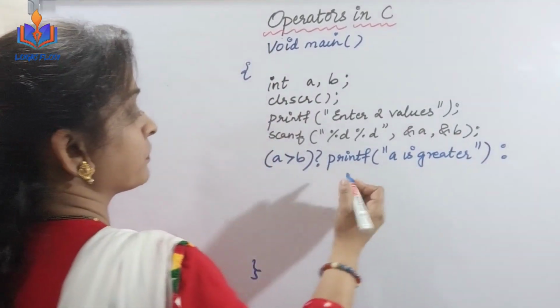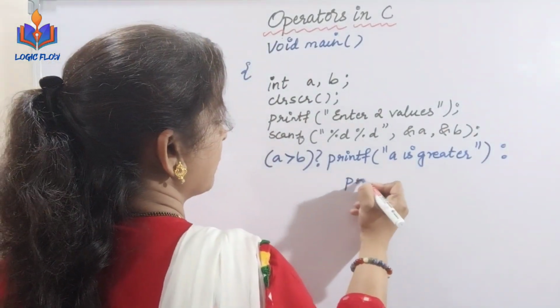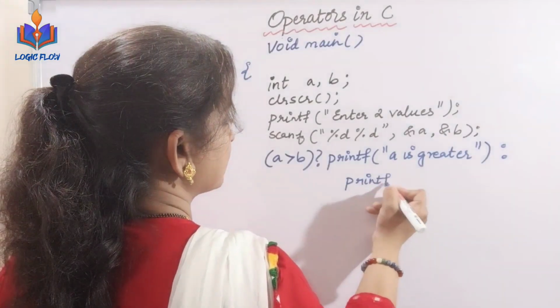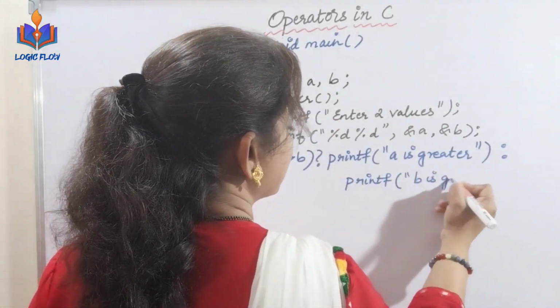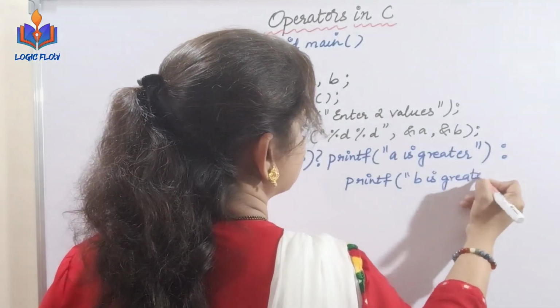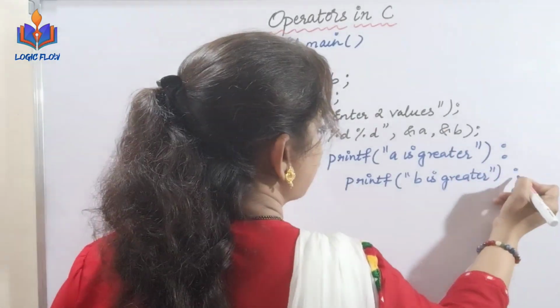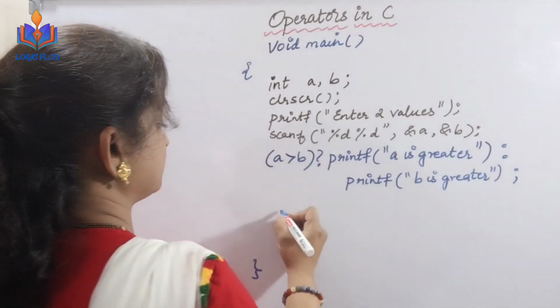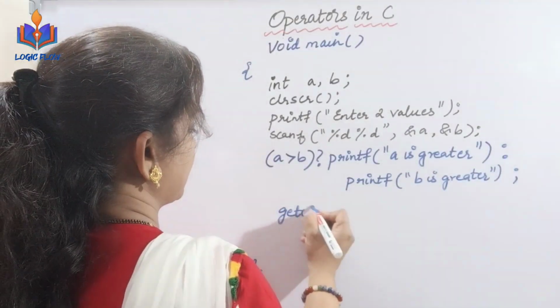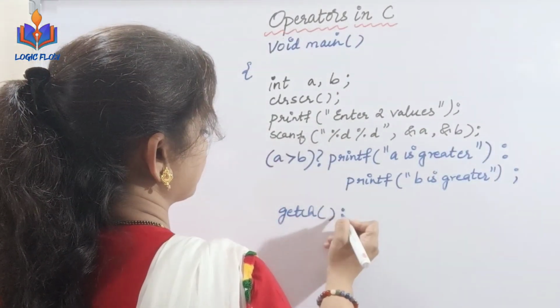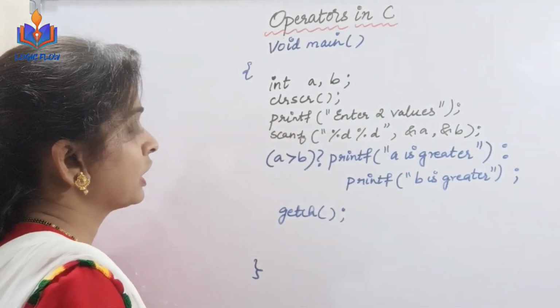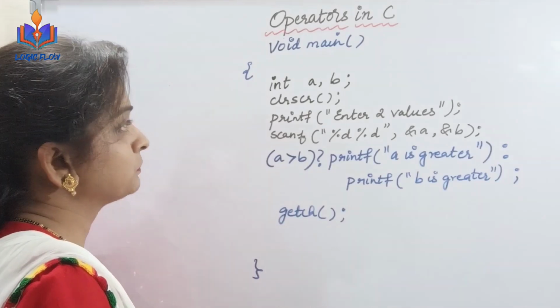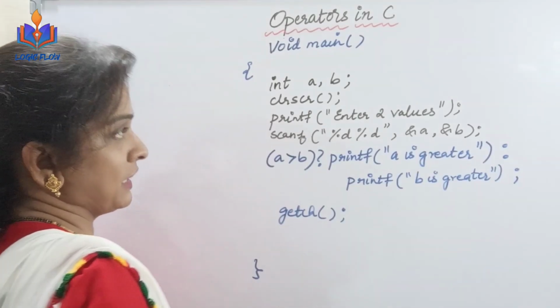Then I say printf("B is greater"), semicolon. Then I say getch. Program ends.